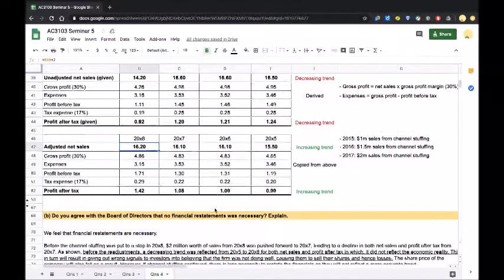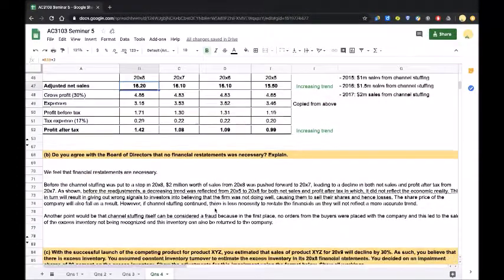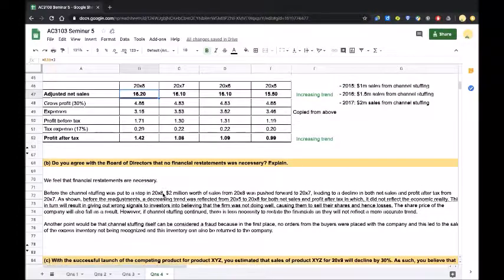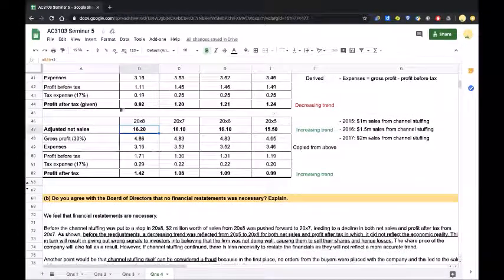And this leads us to the discussion of question B, whether it is necessary for the board to make the financial restatements. Our group feels that the restatements are necessary. Our first reason is that, as we recall, before the adjustments, there's a decreasing trend of profit after tax from 2015 to 2018.